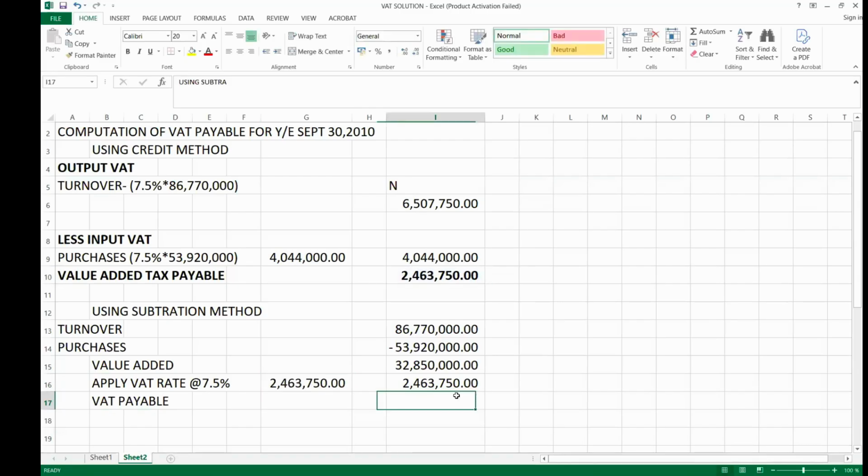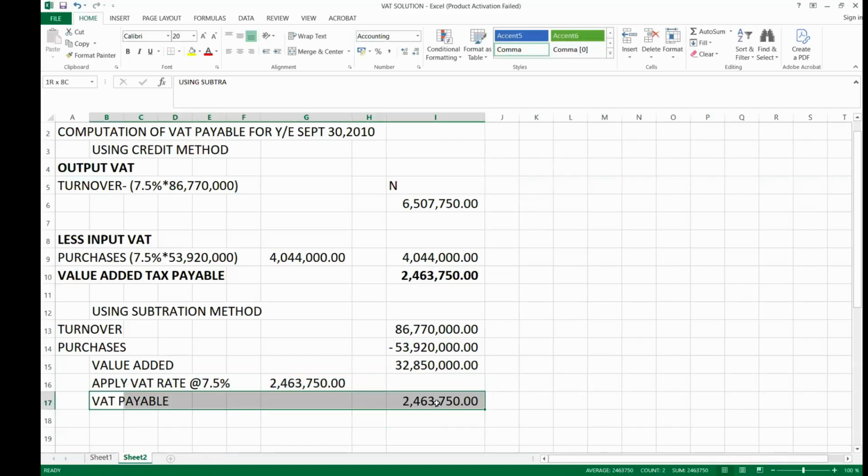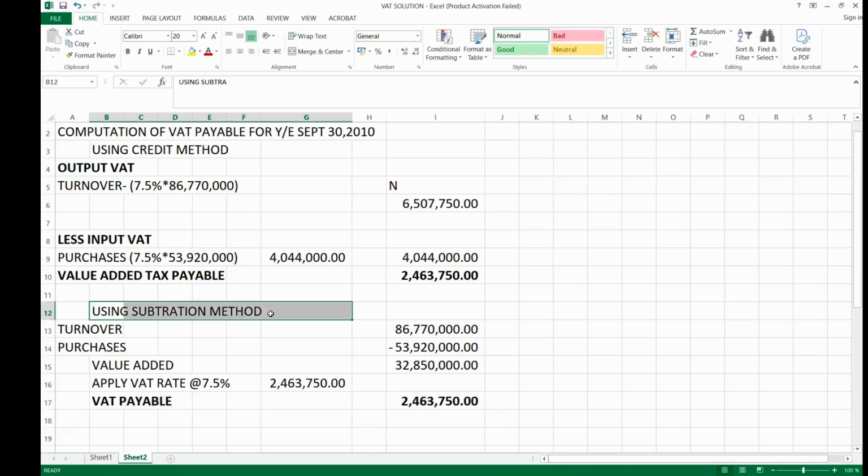Under normal circumstances, as I told you, where you have the same question, the credit method and the subtraction method will give you the same answer. If you are adopting the same question, you are going to have the same answer for the credit method and the subtraction method.